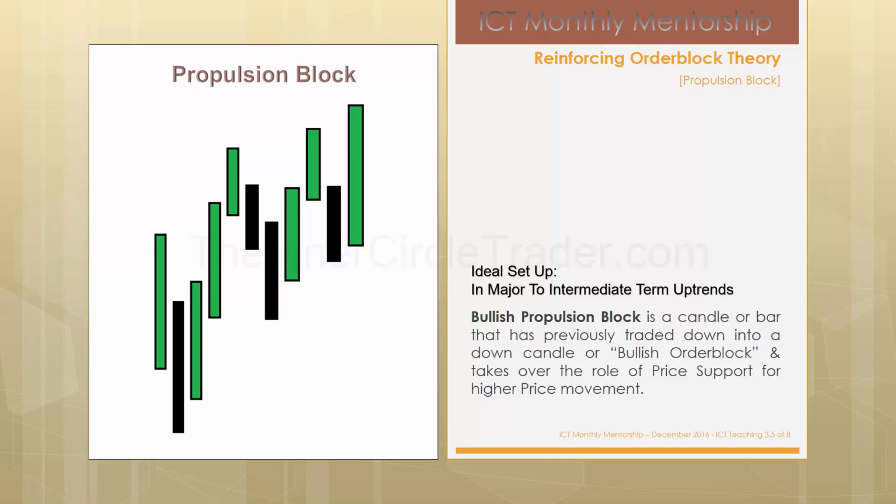In this crude diagram, we have a down candle, which shows price willingness to move higher. Then we have a new down close candle that trades right back into it, seen here. That candle becomes a propulsion candle. What makes it propulsion is that it's already dropped back down into an order block that's already predisposed to go higher.